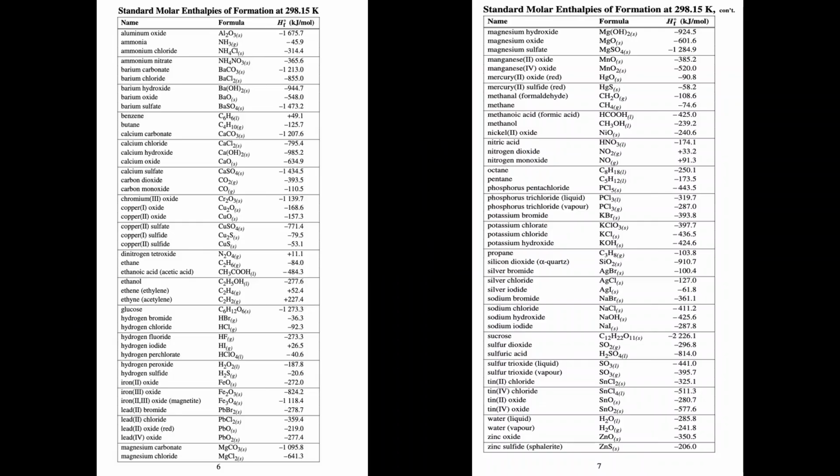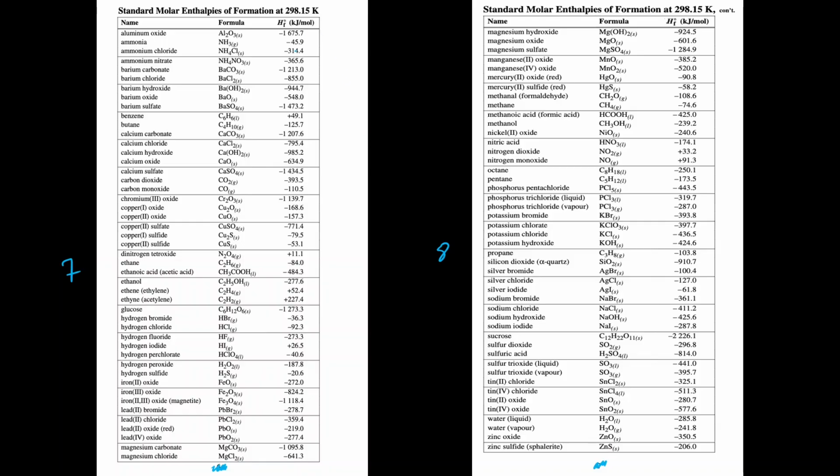All right, here are those data tables from your data booklet. And don't let the numbers at the bottom of the page fool you. These are actually on page 7 and page 8 in our data booklet. That is an 8, believe it or not. So I'm just going to cross this off.